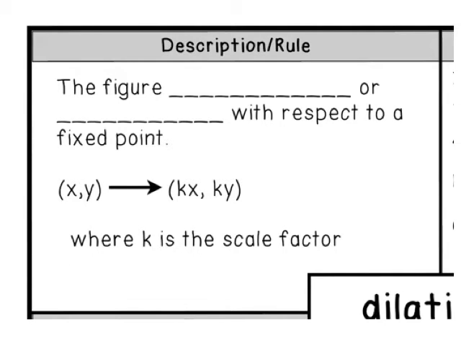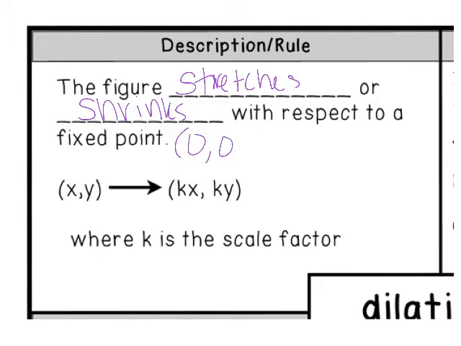All right, so the figure stretches or shrinks with respect to a fixed point. Our fixed point is going to be the origin, 0, 0. And the rule is we do x, y, and then we do k times x, k times y, where k is the scale factor.